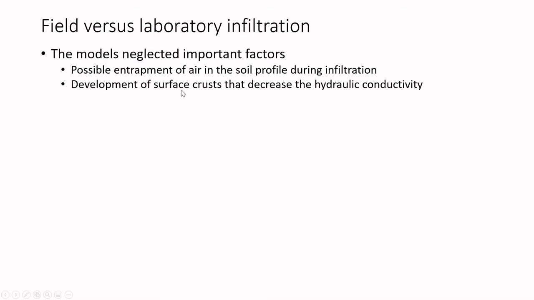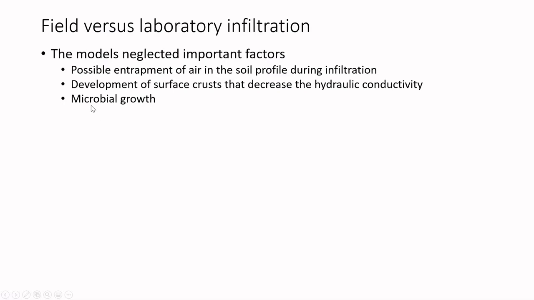So this might create a surface crust at the top of the soil, and this can actually decrease the hydraulic conductivity. So that is true particularly for field soil rather than laboratory. For laboratory, for example, if we dig the soil and bring it back to the laboratory, this surface crust might have been destroyed. So we can't get the same condition as the field soil, right?